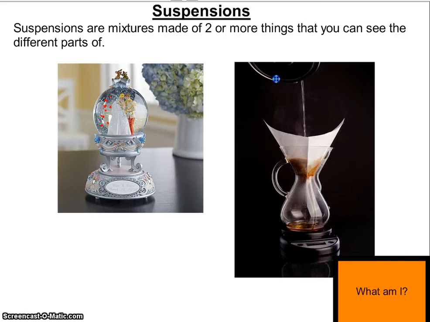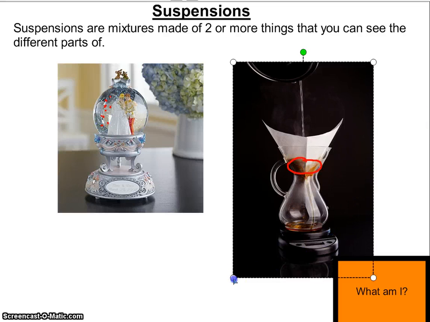I can also see, if I pour them through a filter, certain things get stuck in the filter. So here, if I'm making coffee, I have the coffee up here. It's getting stuck in the filter. It's not going through, but some things can go through. The water is falling through and it's making my coffee.